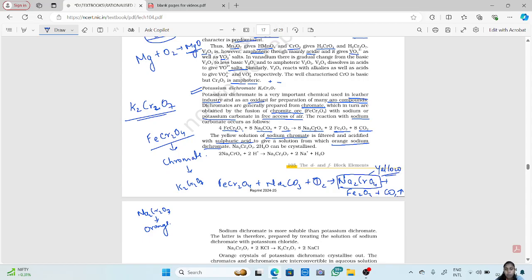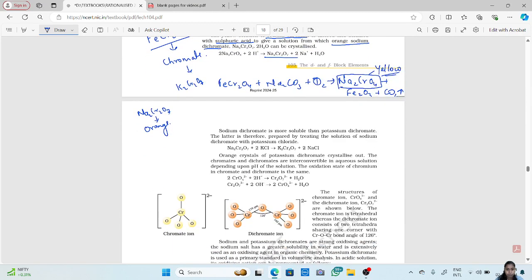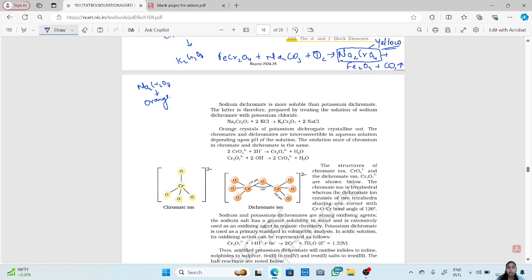We only got a chromate here. So to make it dichromate, we filtered the sodium chromate and acidified it using sulfuric acid. By acidifying it, we get an orange color solution, which is the sodium dichromate. Now, this sodium dichromate is more soluble than potassium dichromate.